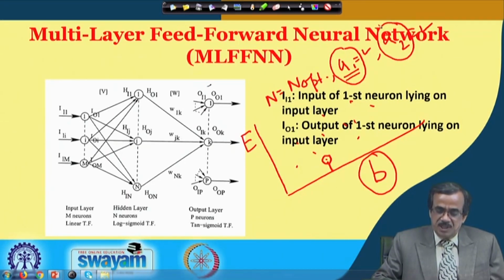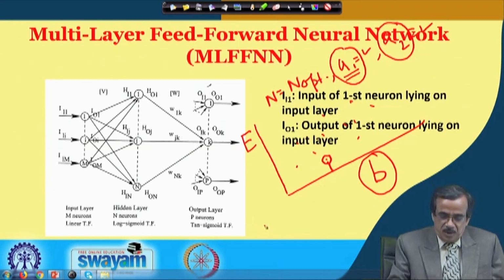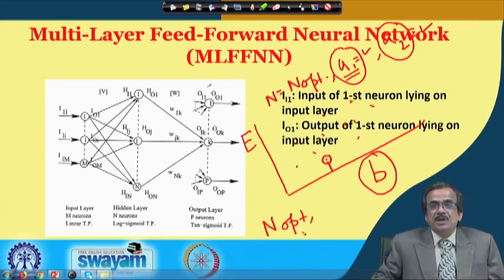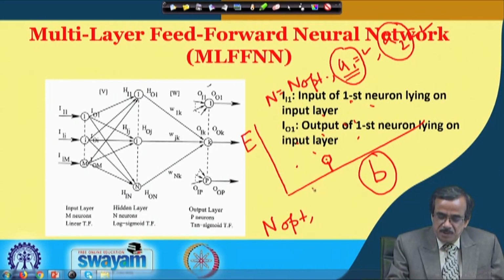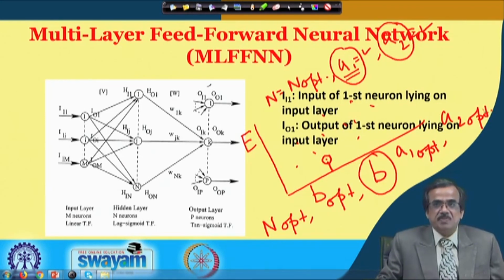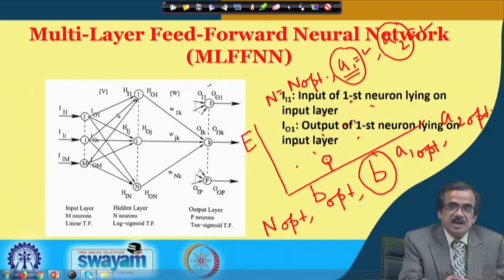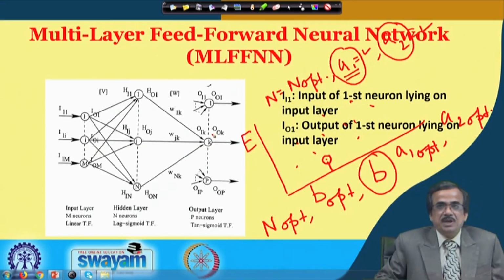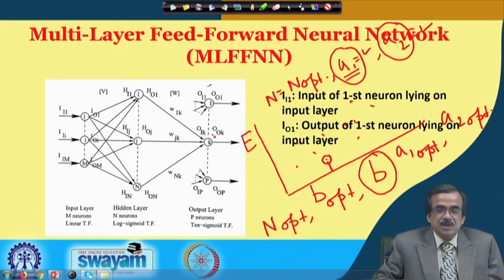So, by carrying out this study, we can find out the near optimal value for the number of hidden neurons, the near optimal value for the bias value, then the near optimal value for a 1 and the near optimal value for a 2. And once we have got this, we are in a position to decide at least approximately what should be the topology of this network and what should be the other parameters.